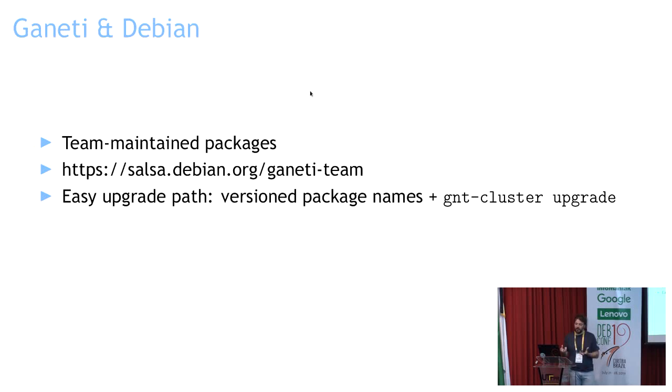So the way we handle upgrades is that you need to get all nodes upgraded at once. Ganeti provides a mechanism for this. And in Debian, we have packages that can be co-installed. So you can run 2.15 and 2.16 at the same time. You can have them installed on one machine and then choose to upgrade the whole cluster at once through a mechanism via gnt-cluster upgrade.